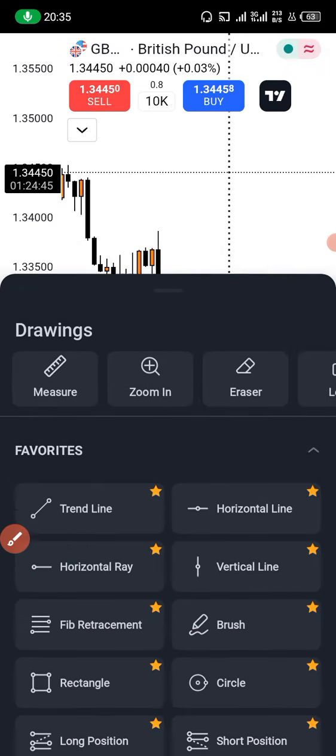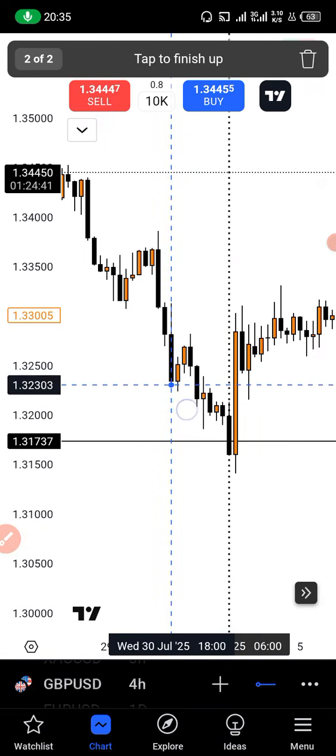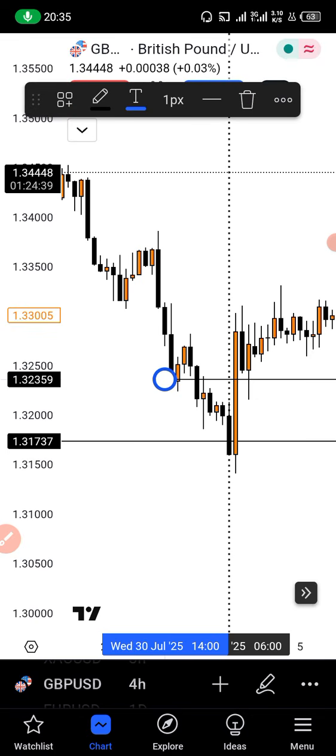What levels are those again? Let's bring them back into play. We have this one here. We also have this one here.